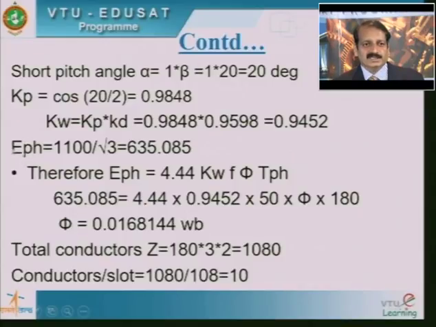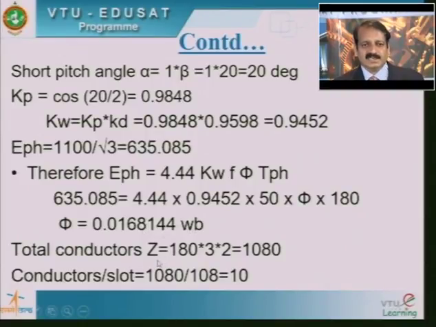E phase, that is the phase voltage of each phase, is equal to line voltage divided by root 3. It is calculated as 635.085, and when we substitute for E phase, Kw, F, T phase, we will get useful flux phi as 0.0168144 Webers.